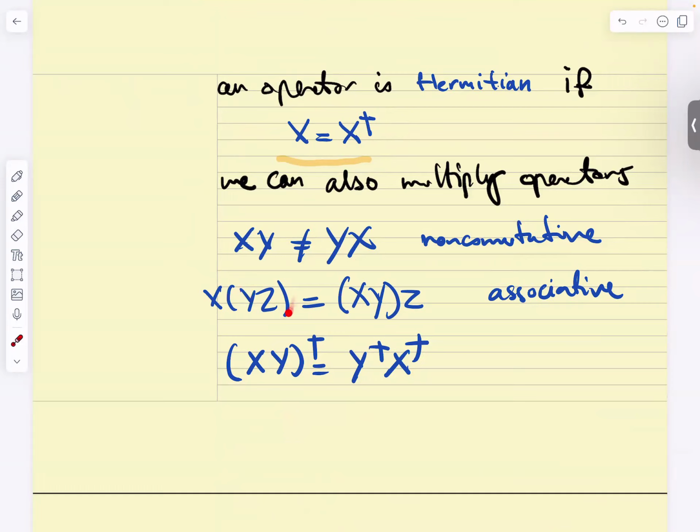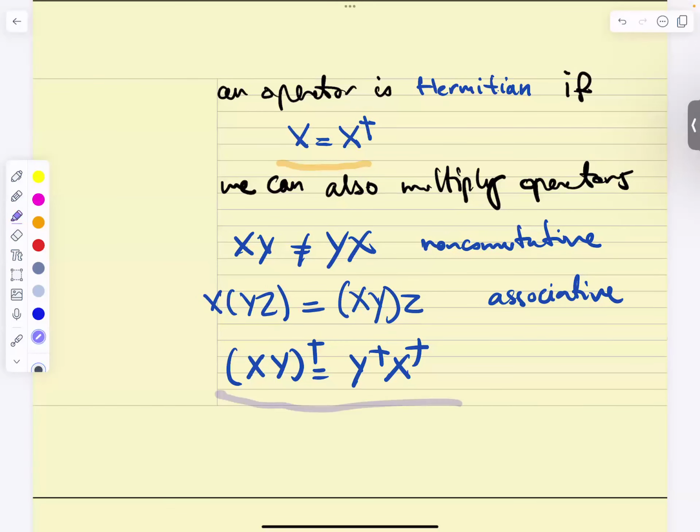If you multiply YZ and then multiply it from the left by X, it's like multiplying XY first and then multiplying on the right by Z. You don't have to specify an order. That's associative. Now, I should have given this as a homework. I might give this as a homework. Just check that this is true.